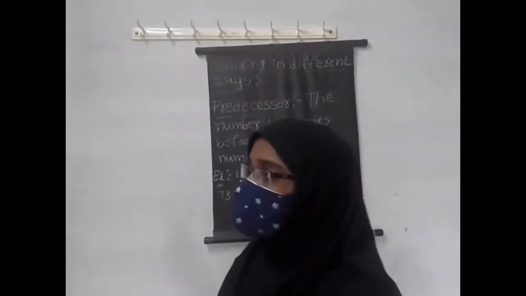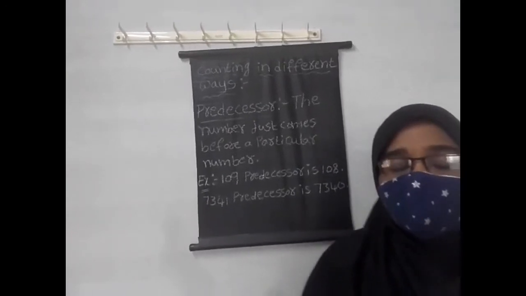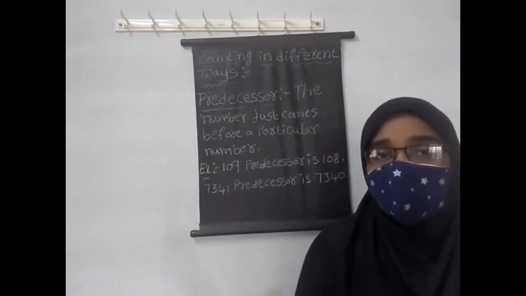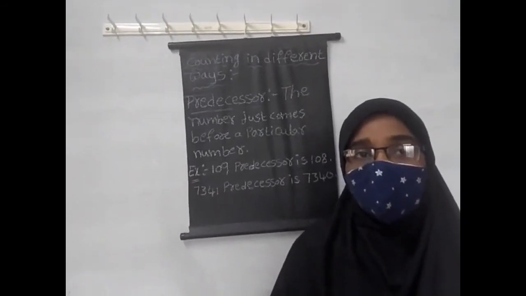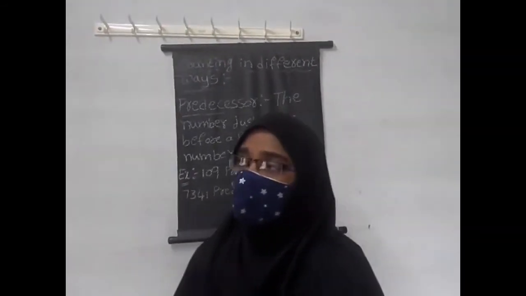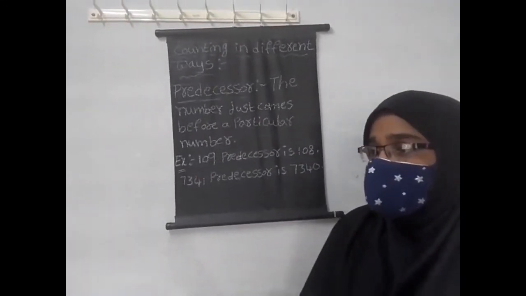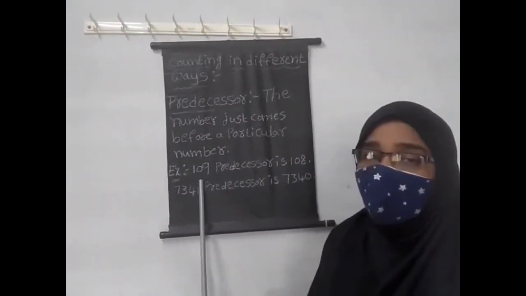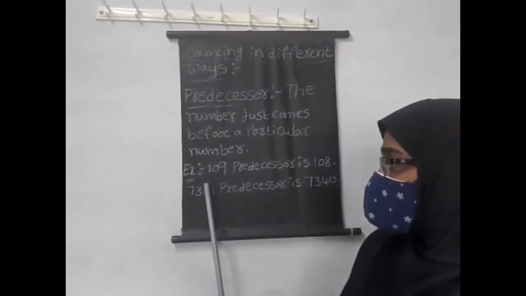Now we are going to learn about another way, that is predecessor. What is predecessor? Predecessor is the number that comes just before a particular number. For example, if you have taken 109, what is the predecessor? 108.